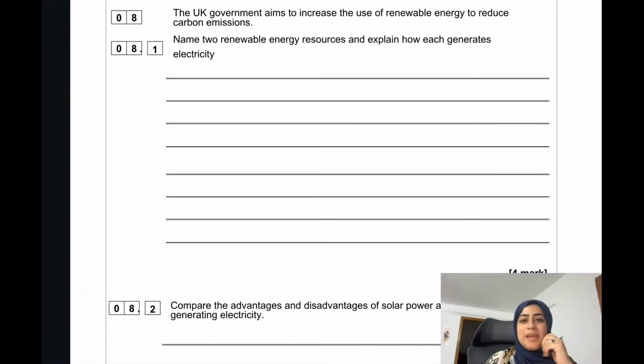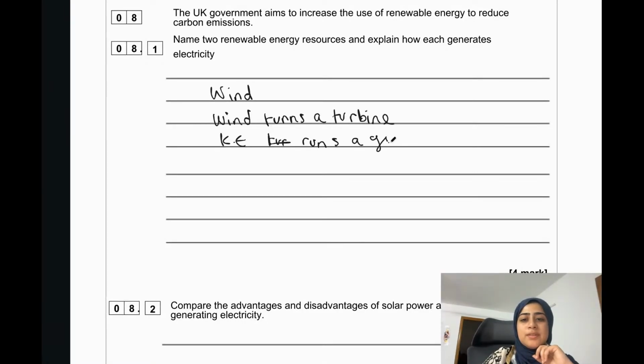And when you're explaining for each of them, it's usually the fact that you start, so with wind, for example, you would say the wind turns a turbine, and then the kinetic energy runs a generator, which converts into electrical energy or electricity using the generator.